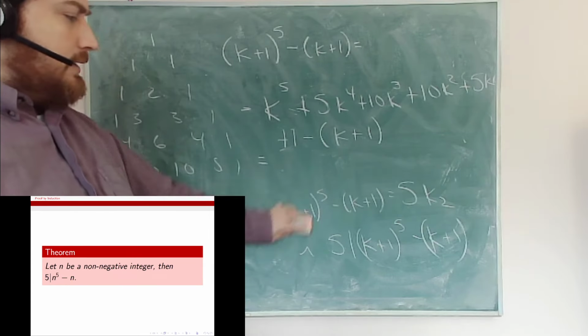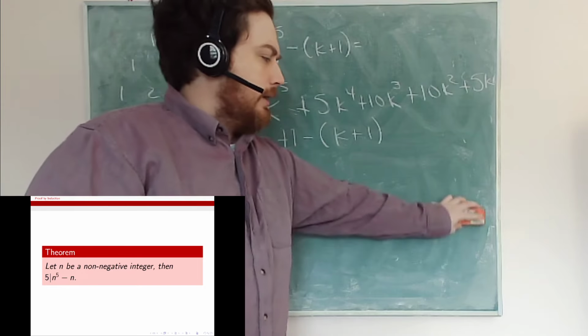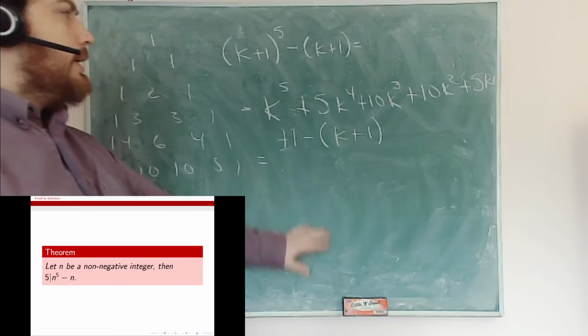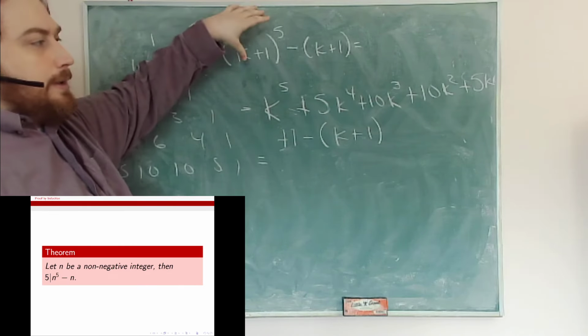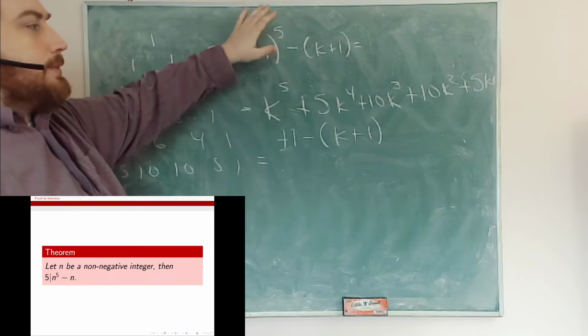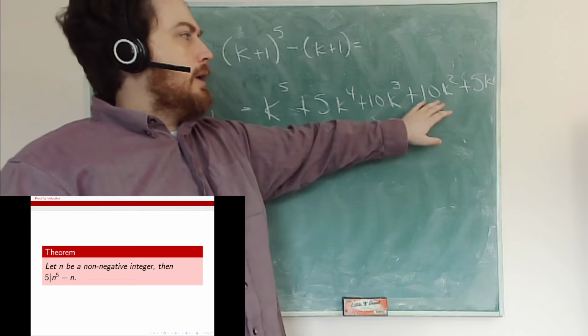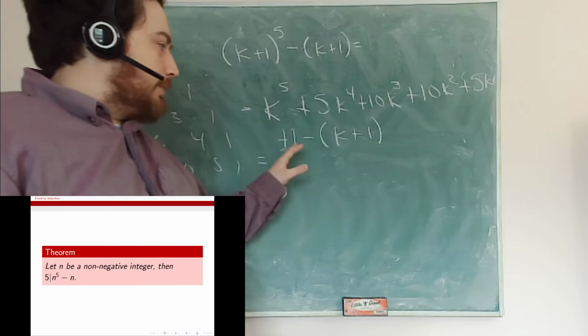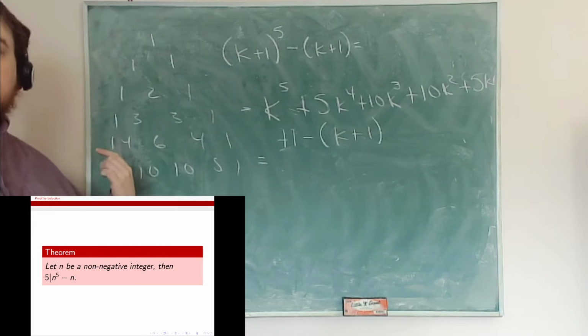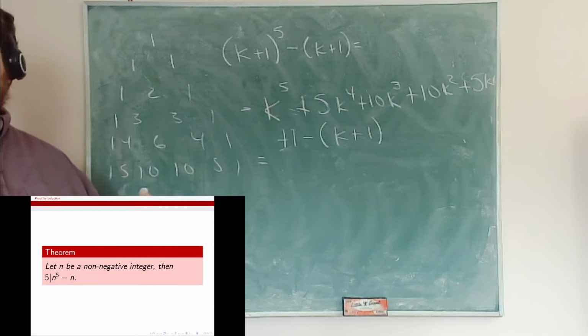All right. So there's a lot going on there, so I'm going to need even more room. But the point is that even though it's to the 5th, we can't actually just write out k plus 1 to the 5th is k to the 5th, 5k to the 4th, 10k cubed, 10k squared plus 5k plus 1. And we could do that using our binomial theorem or using Pascal's triangle to find those coefficients quickly.